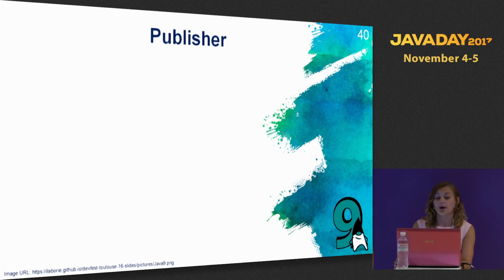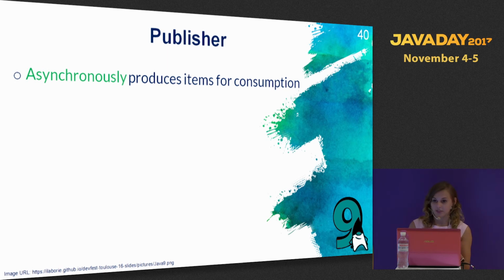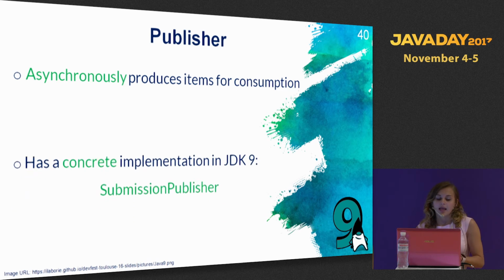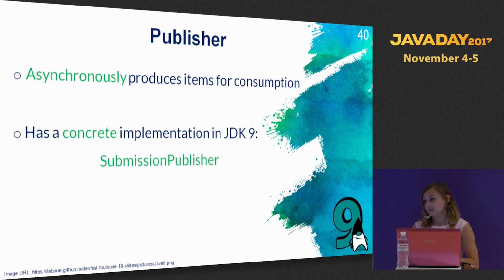So we'll start with the publisher. Publisher is an asynchronous producer of messages for subscribers to consume. It has a concrete implementation. Why? Because usually publishers are very complicated to implement. They must follow multiple rules defined in the reactive manifesto.